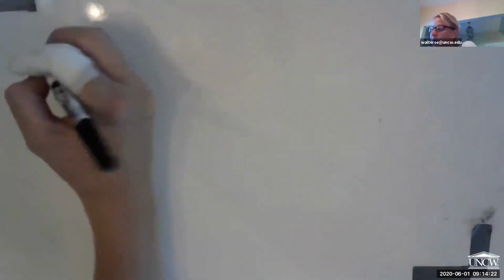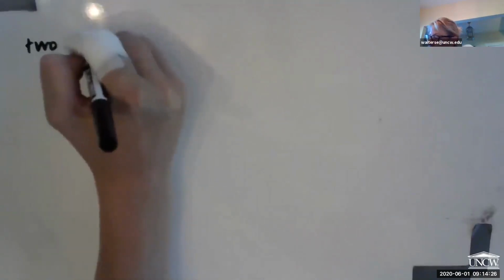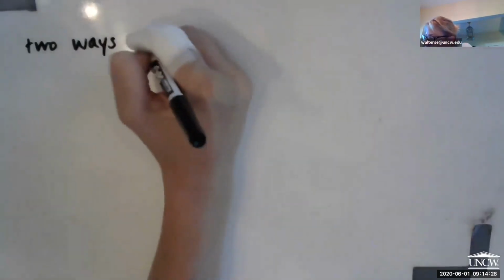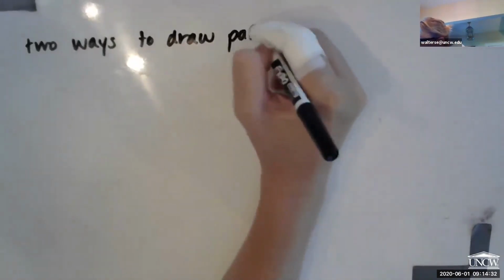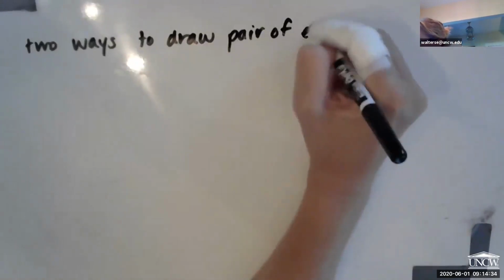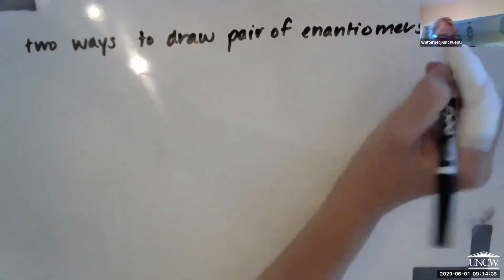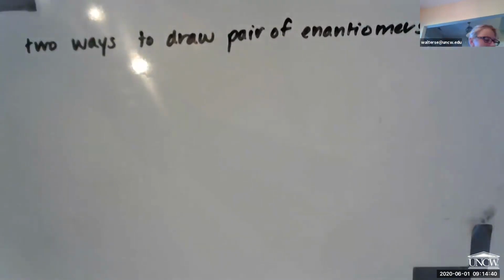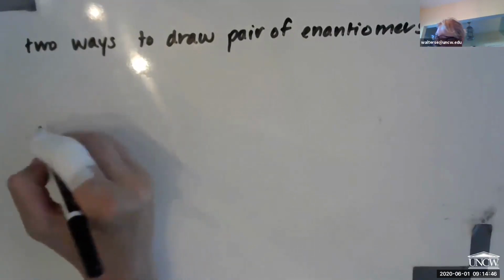So what we're going to do on this slide is practice the 2 ways to draw a pair of enantiomers. The compound on there actually is a little bit longer. It's 2-chloropentane, but it's the same idea.